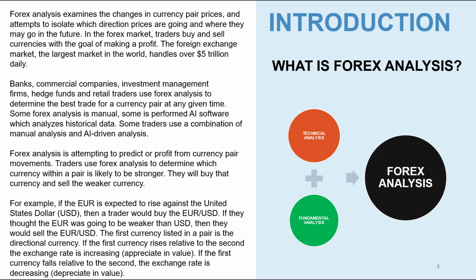So this is going to determine whether you're going to be bullish or bearish on an asset. If the first currency rises relative to the second, the exchange rate is increasing, meaning it's appreciating in value. If the first currency falls relative to the second currency, the exchange rate is decreasing, meaning it's depreciating in value.